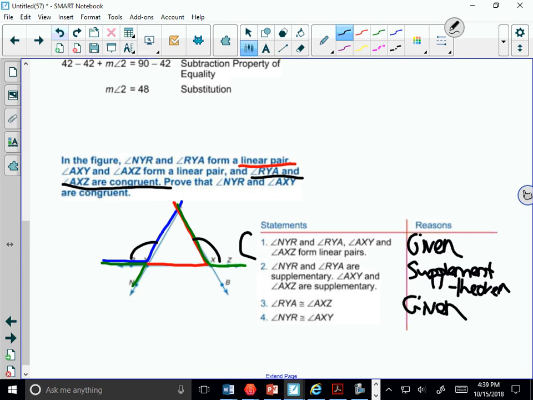So you don't have to write that whole thing. Sometimes you are going to see that whole thing written, but I'm cool with you just saying congruent supplements. And also, just like with our triangle proof, these don't have to be anything pretty or anything specific. You can write that whole thing there, that I know that those two are congruent because they're supplementary to congruent angles. And that's okay.